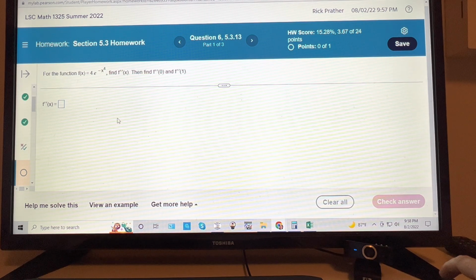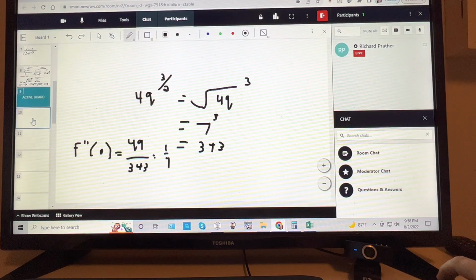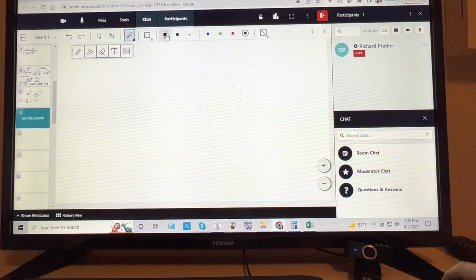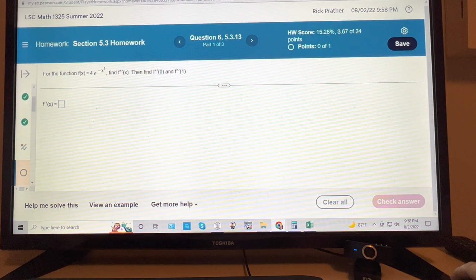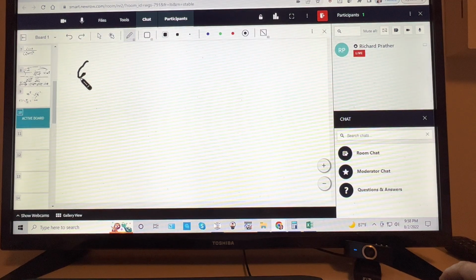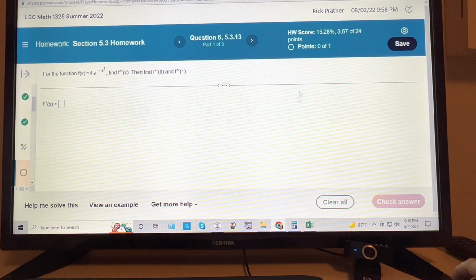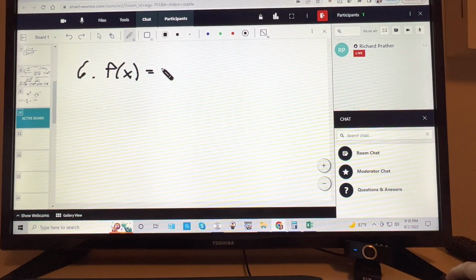Okay, so exponentials. This is number 6. F of x is 4e to the negative x to the 4th.